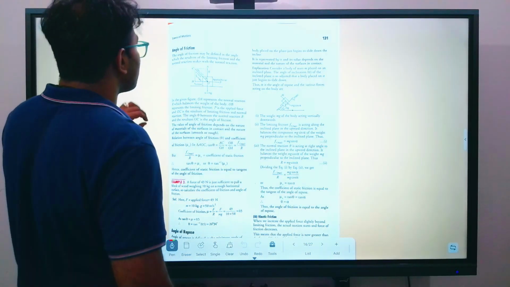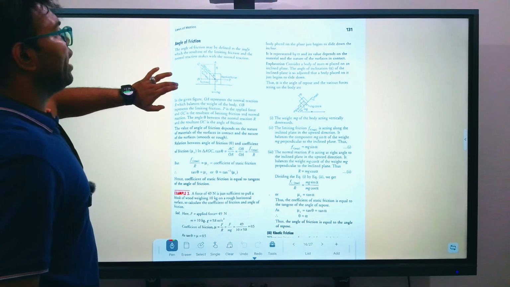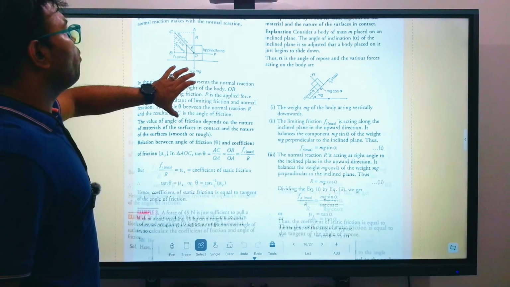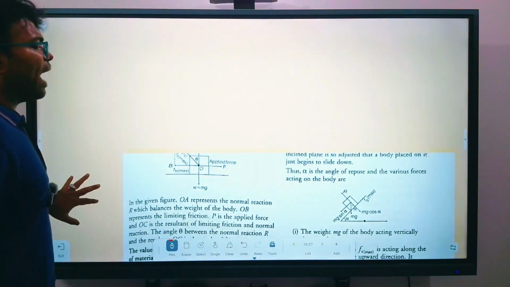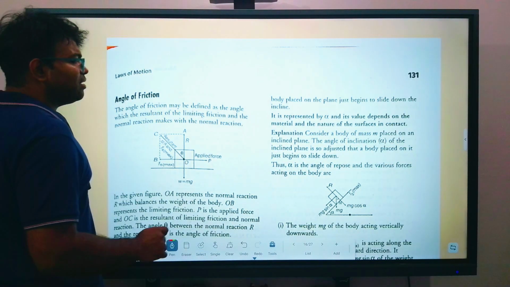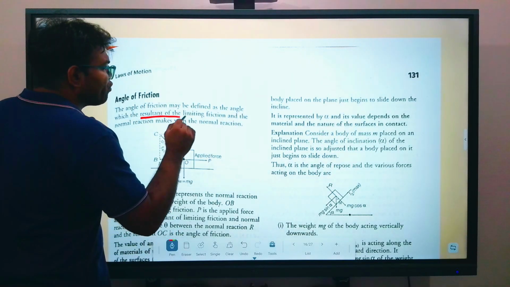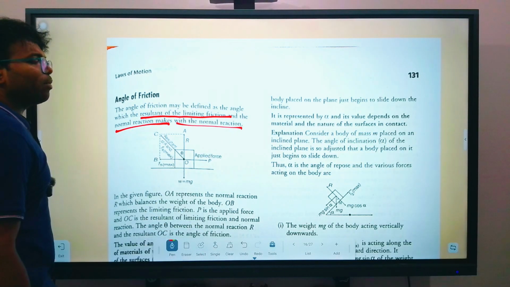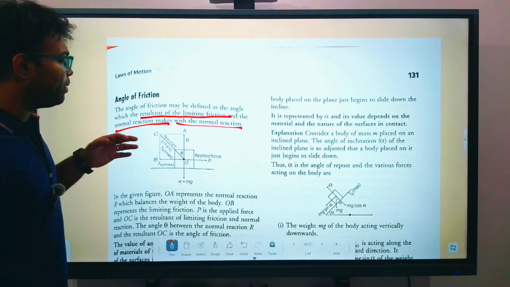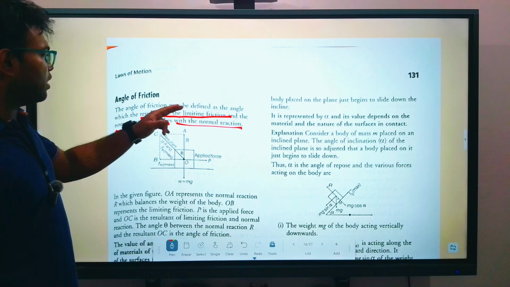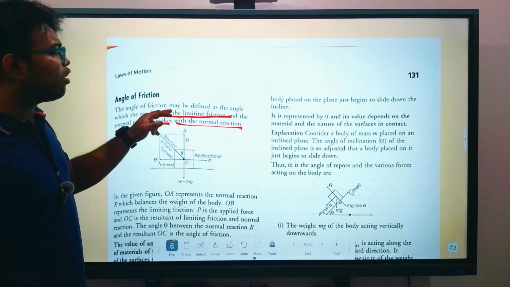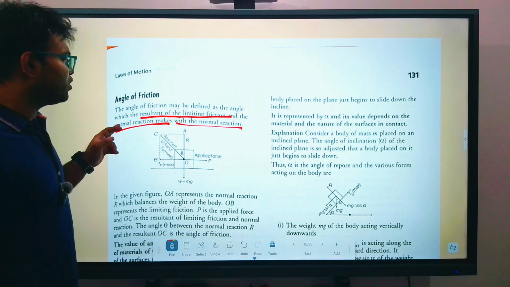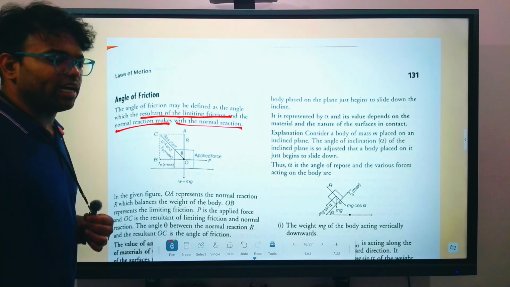Next, the angle of friction. Okay, the angle of friction may be defined as the angle which the resultant of the limiting friction and the normal reaction makes with the normal reaction.